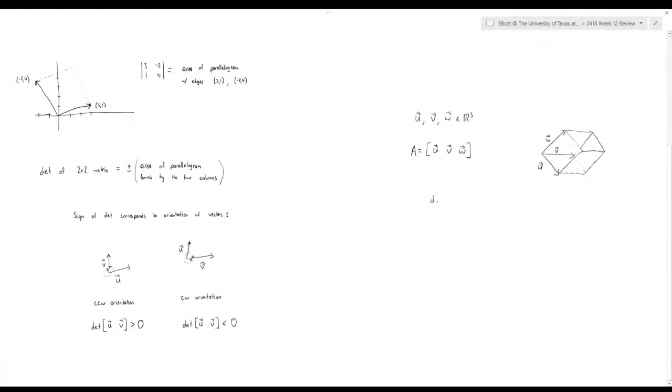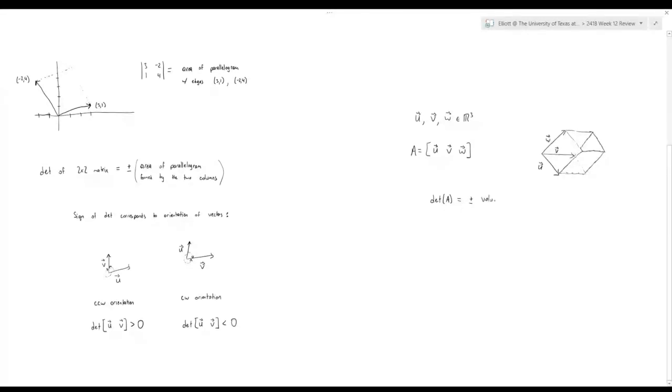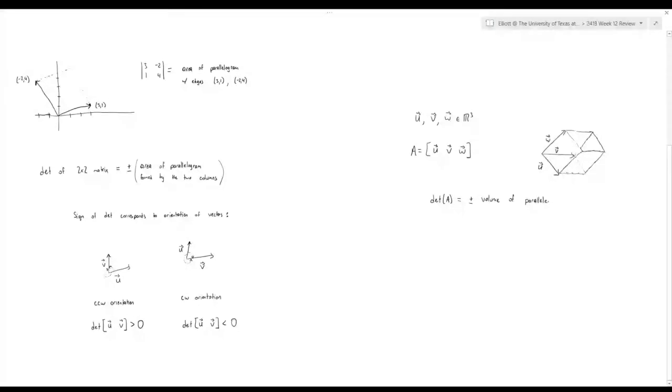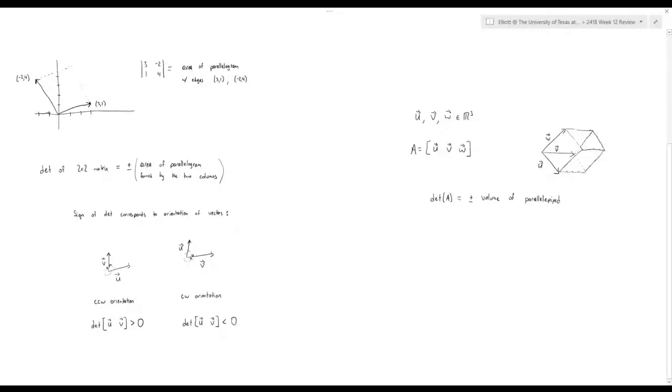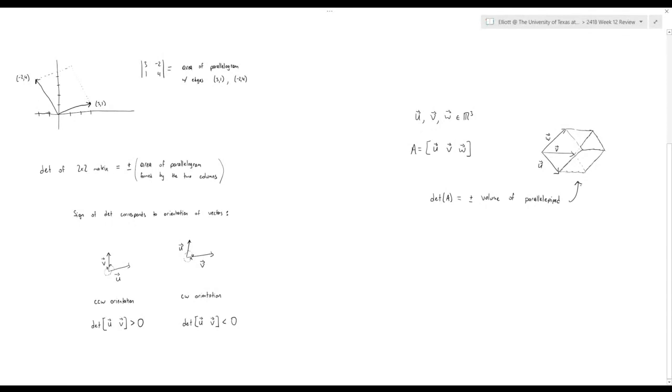So in this case, the determinant of the matrix A, similarly to the two-dimensional case, gives you plus or minus the volume of this parallelepiped. And again, the plus or minus sign corresponds to the orientation.